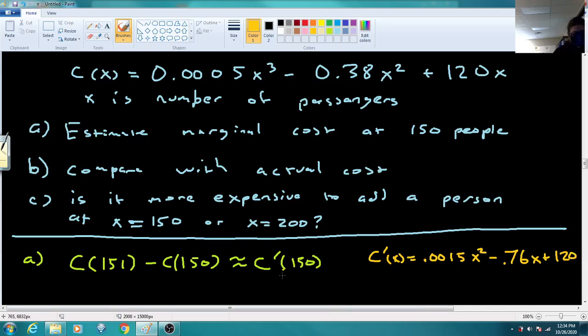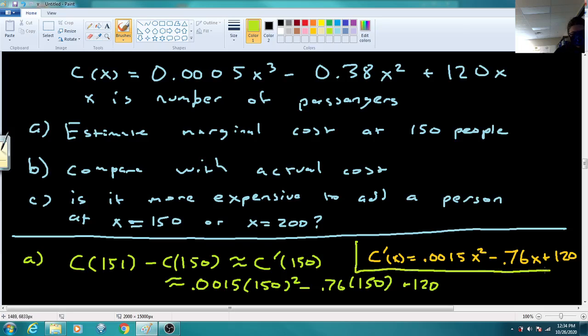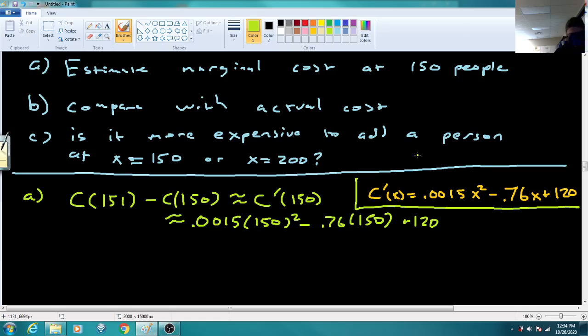So what's the C prime of 150? That's going to be about equal to 0.0015 times 150 squared minus 0.76 times 150 plus 120. We're just using this equation right here and replacing the x in it with 150. So we'll see what we get.